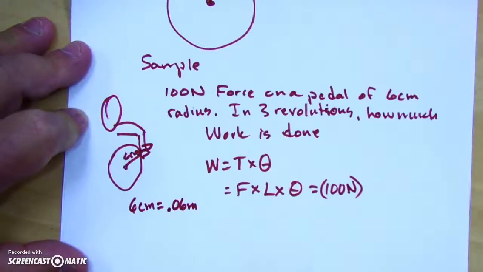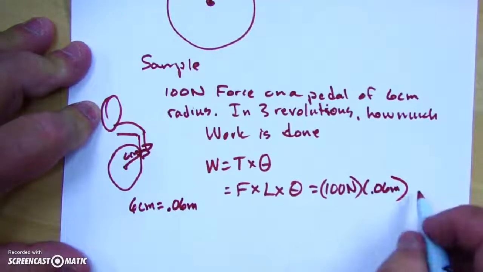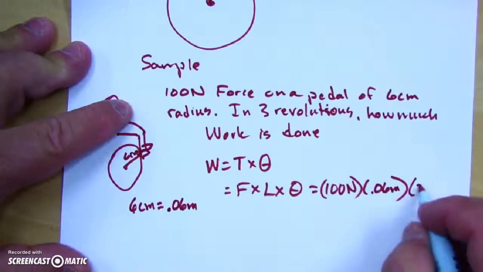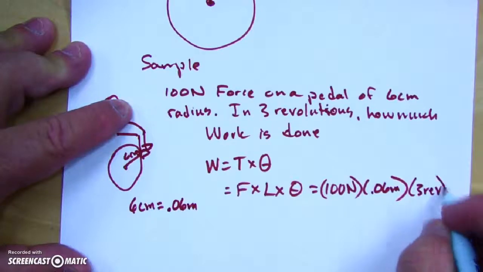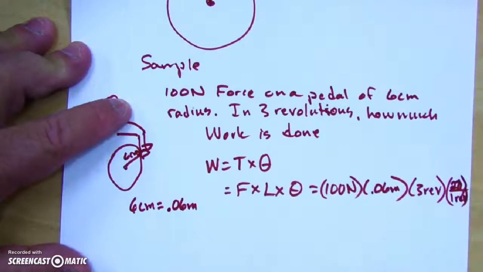That's a change you should be able to make. 0.06 meters times 3 revolutions. But remember, 1 revolution is 2 pi radians. Sorry, that one kind of ran off the edge of the page. So you're going to multiply all those together and get a value.